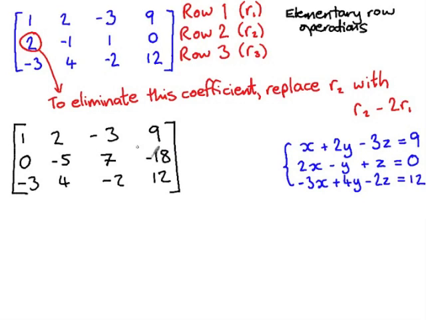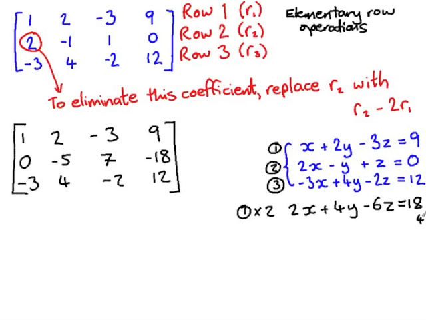Now that might seem a bit confusing at the moment, so I'm going to perform the same operations on the equations. It's basically the same as numbering these equations 1, 2 and 3, multiplying equation 1 by 2, numbering that equation 4 and subtracting equation 4 from equation 2.